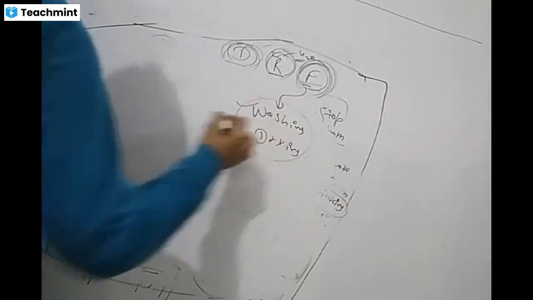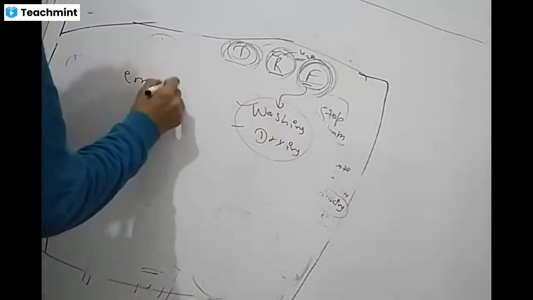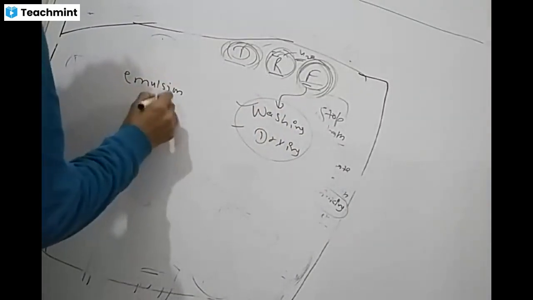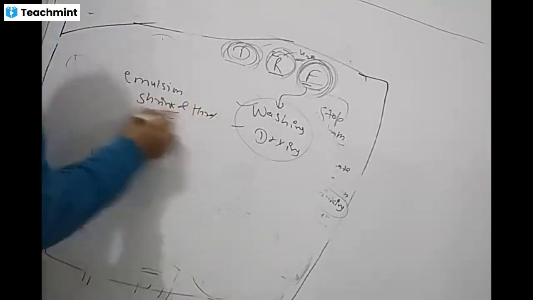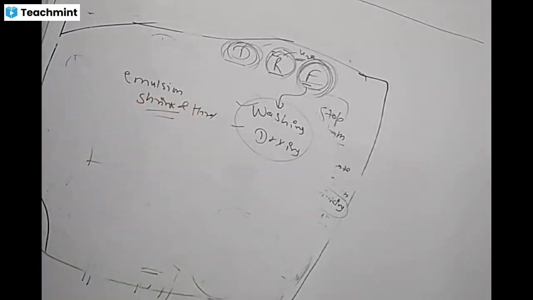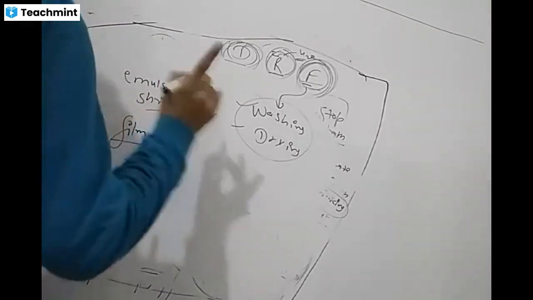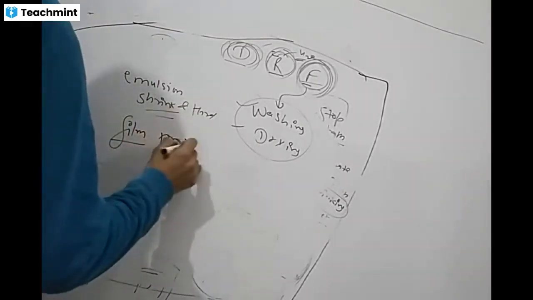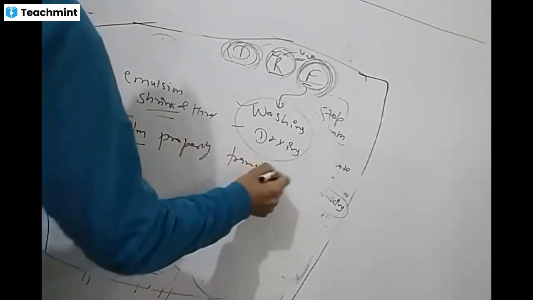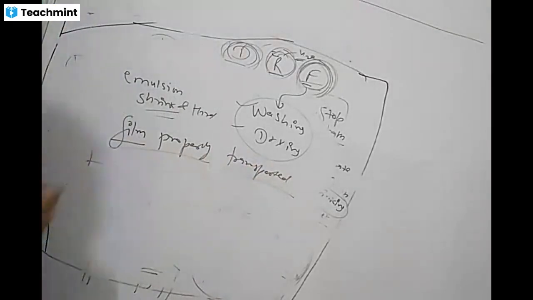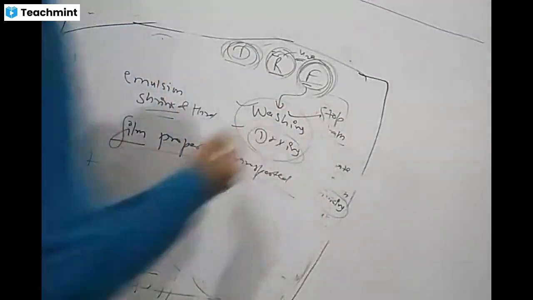To go into these two steps, we need our emulsion to shrink and become hard, so that our film is properly transported through the washing and drying section.